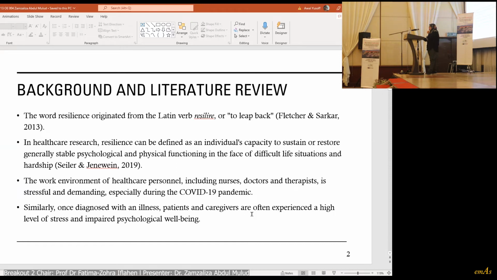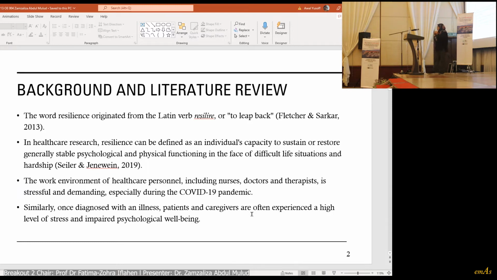The word resilience actually originated from the Latin verb resilire, to leap back. In healthcare research, resilience can be defined as an individual's capacity to sustain or restore generally stable psychological and physical functioning in the face of difficult situations and hardship, for example, during COVID-19.